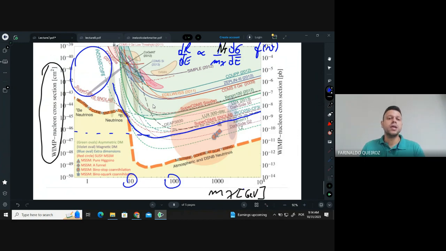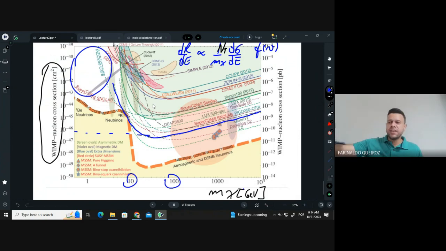The way they do it, there's many ways. One of them is using different targets which have lower energy threshold. That's the easy part. The second one is just remember that most of those detectors require ionization and scintillation, for instance.